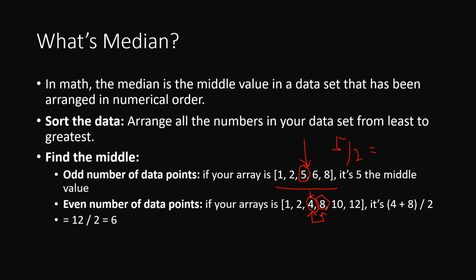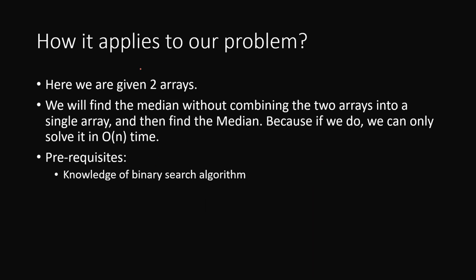Here I thought of explaining it by reverse engineering from the solution which I saw on the internet. So let's assume that we know the median first and then try to work our way back and find a solution.